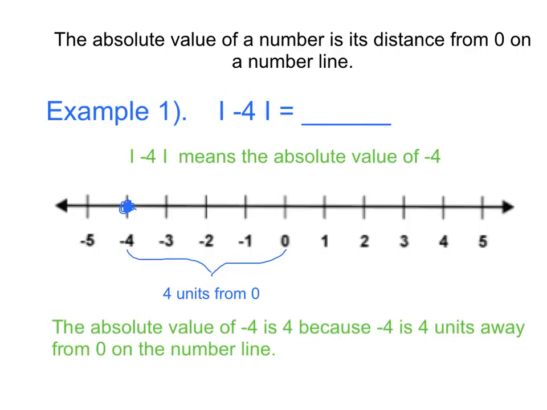Well, if we plot -4 on the number line, and we look at how far it is from 0, because that's what absolute value means, distance from 0, it's 1, 2, 3, 4 units from 0. So the absolute value of -4 is 4, because -4 is 4 units away from 0 on the number line. I'd maybe pause the video a little bit and fill some things in on your notes here.